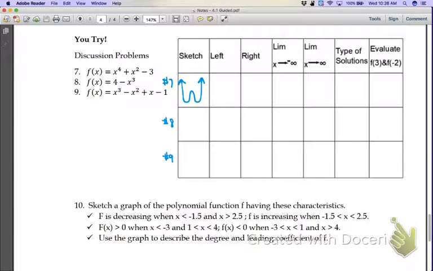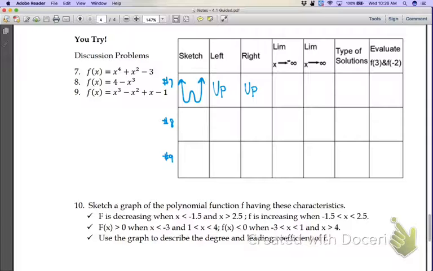So if it looks kind of like a W, now for the left and the right, which way is the left side going, if we put it in words? Well, which way are the arrows pointing? Up, right? What about the right side? Up again.